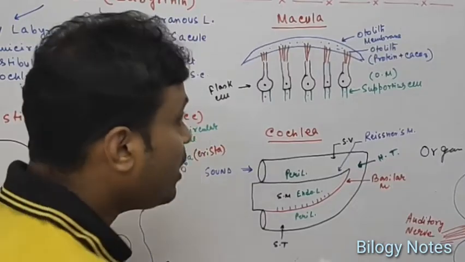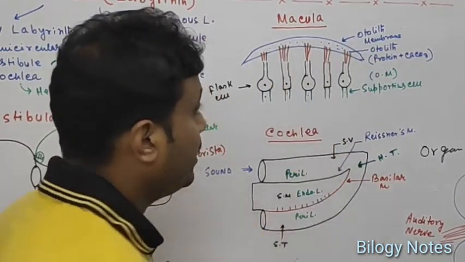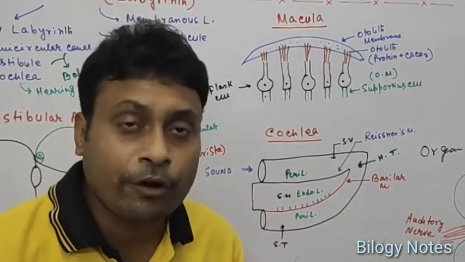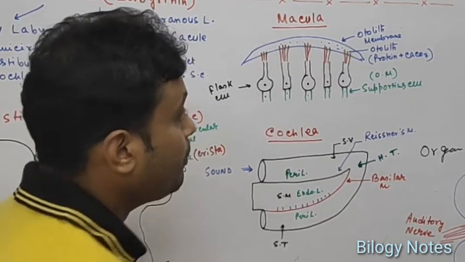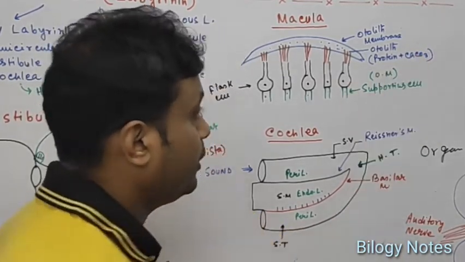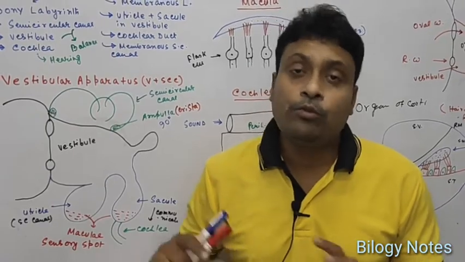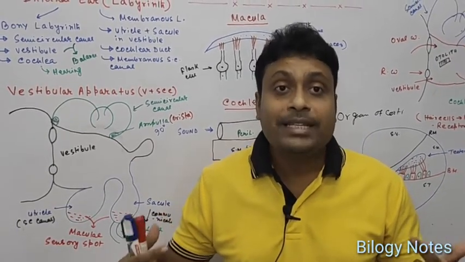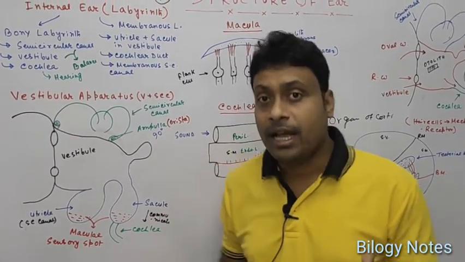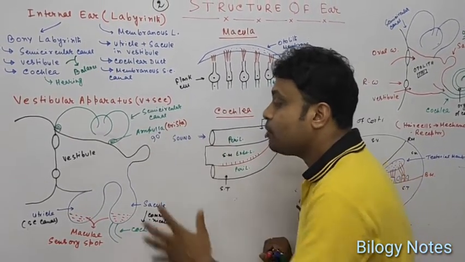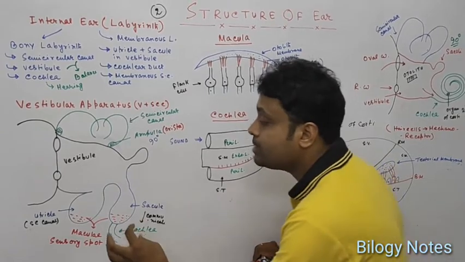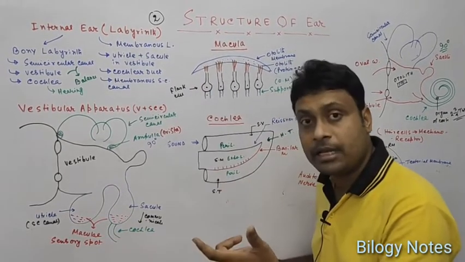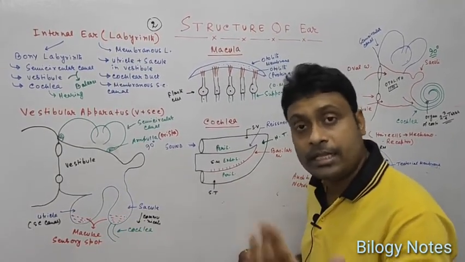Now, the otoliths are particles present inside the otolithic membrane, made up of protein and calcium carbonate. Okay, then when we move our head or our body is required to maintain balance, during this time the sensory spot of the cristae and the sensory spot of the macula help us to perform this function.